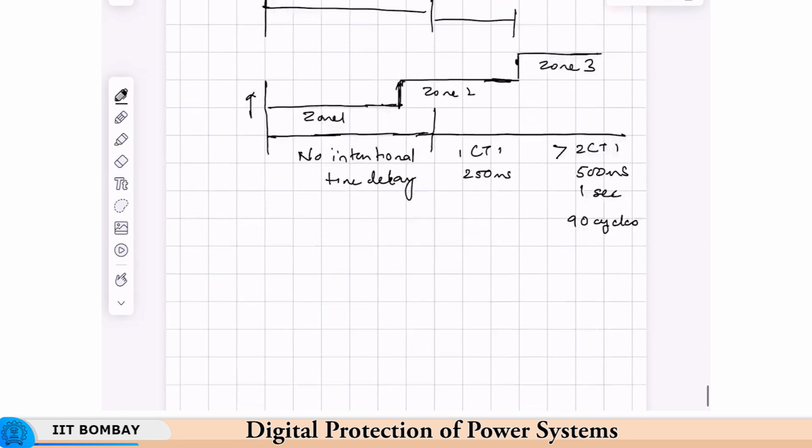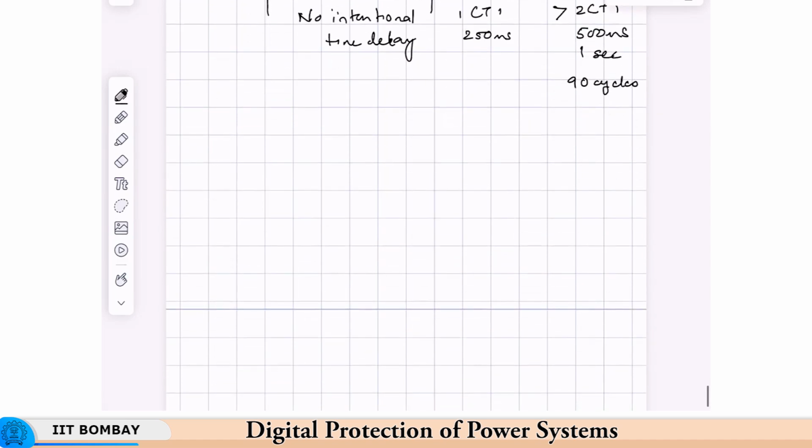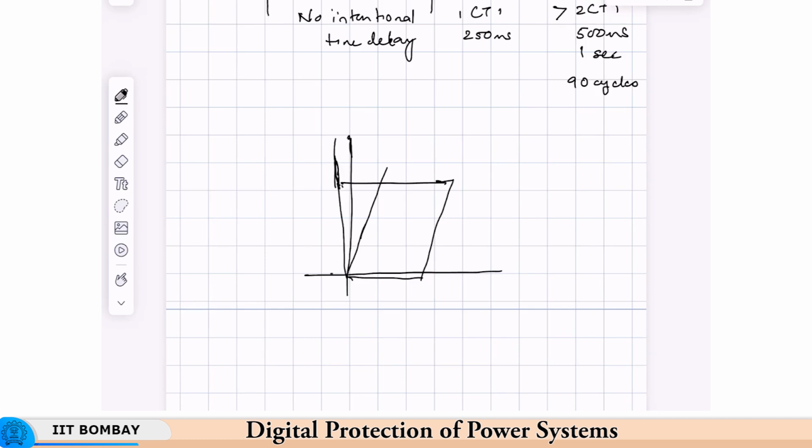The highest setting is around that region, which is 1.8 seconds for a 50 hertz system. And in terms of the characteristic, as we saw last time also, if it is a quadrilateral characteristic, then say this is the transmission line, this is zone 1, about 80%, then you have zone 2.